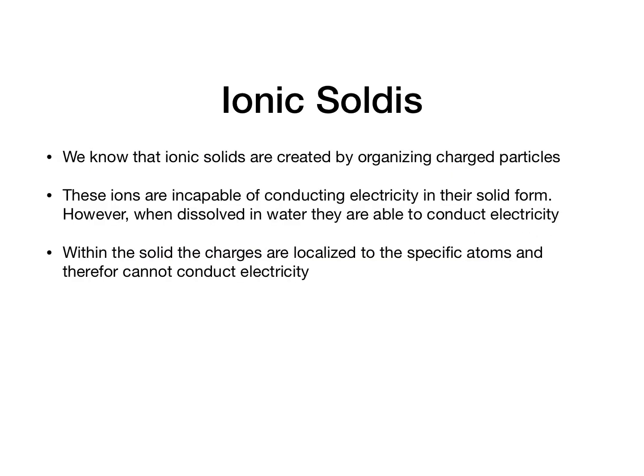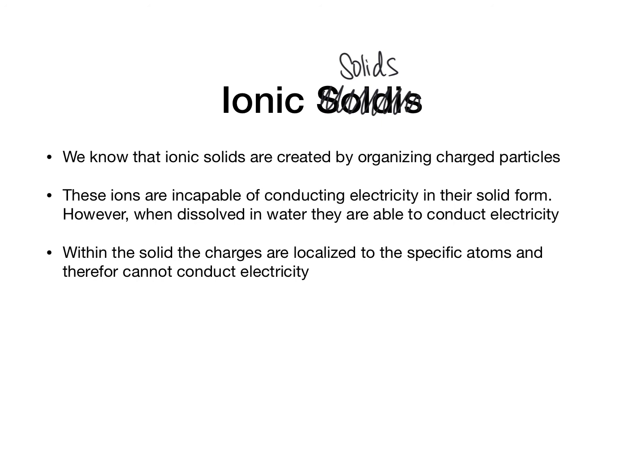So this should say solids. Some of the things that we know about ionic solids: they're created by organizing charged particles into a stable structure with repeating units. These ions are incapable of conducting electricity in their solid form. However, when they are dissolved in water, they can conduct electricity.